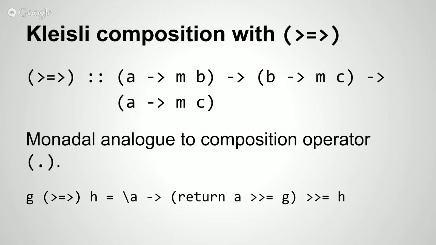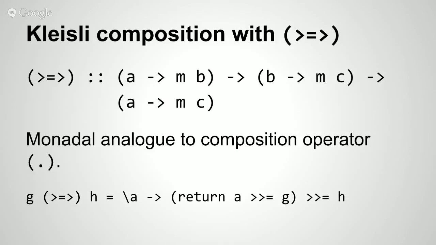Okay, so I have no idea what to call this operator. I'll just call it Kleisli arrow, or Kleisli composition. It takes an A to M B, a B to M C, and it returns an A to M C. So it's the monad's analog of the composition operator.